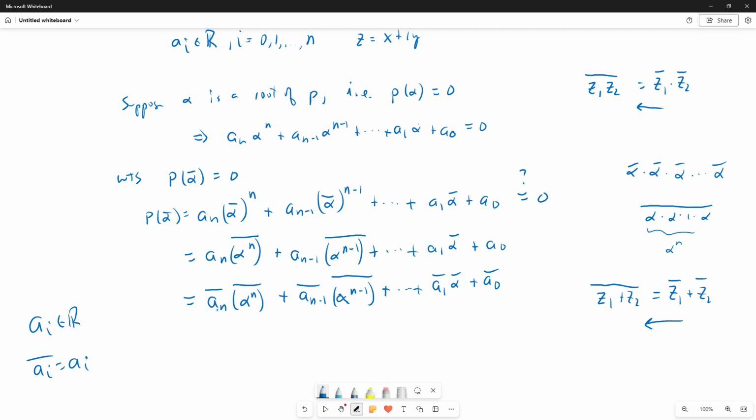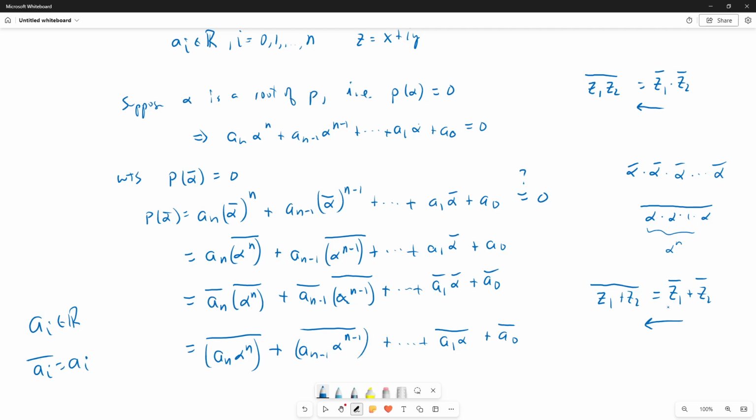And now we'll lump these together using the product property of the conjugate. So the first term is a_n alpha to the n quantity bar. And we do that for each term. A_n minus 1 alpha to the n minus 1 quantity bar, a1 alpha quantity bar, a0 bar.